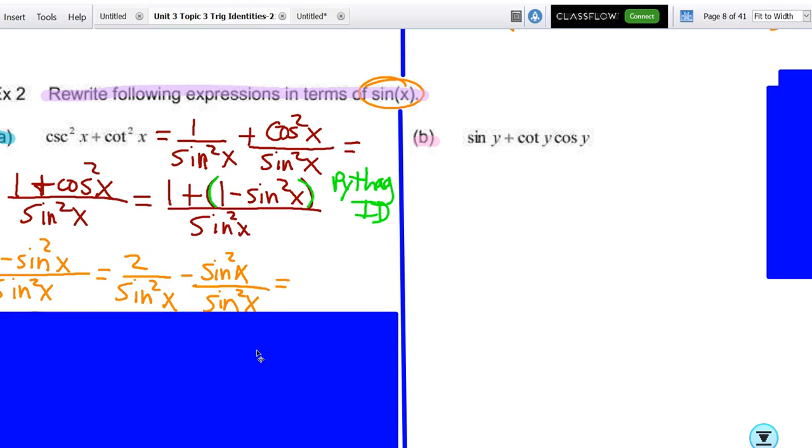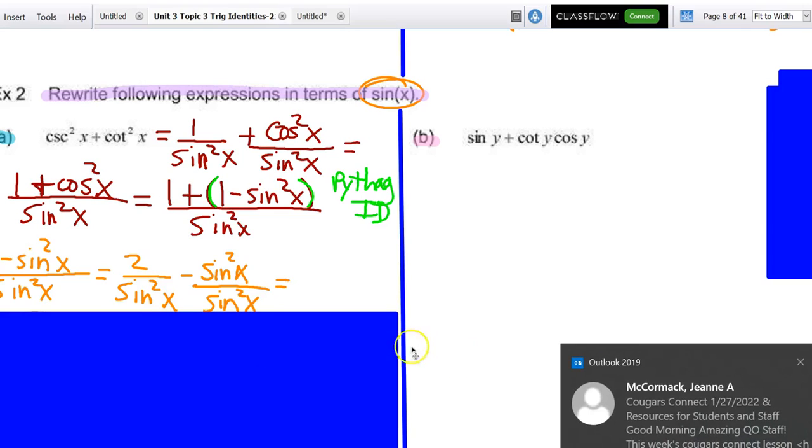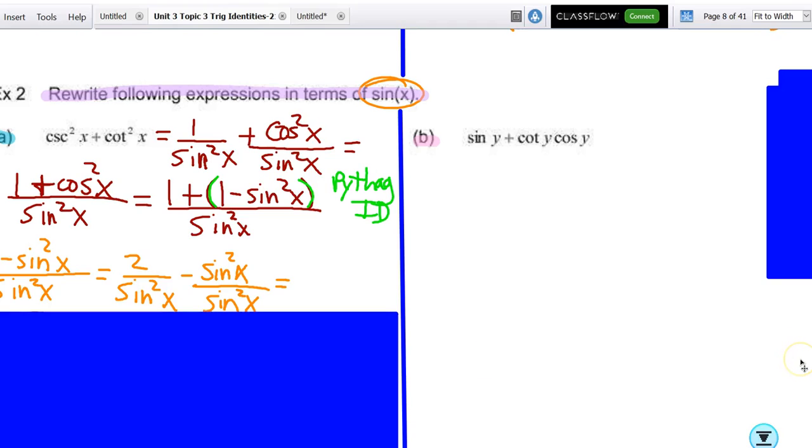Of course, I cannot just divide out the sine squared x without separating the fractions again. So sometimes you have to combine the fractions and then separate them again. In this case, we didn't really start with a fraction, but we had a combined fraction that we now need to basically separate again into two separate fractions. The reason for that is I can only divide sine squared x into sine squared x.